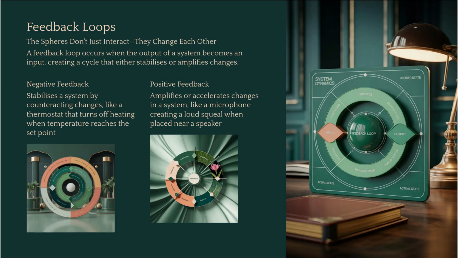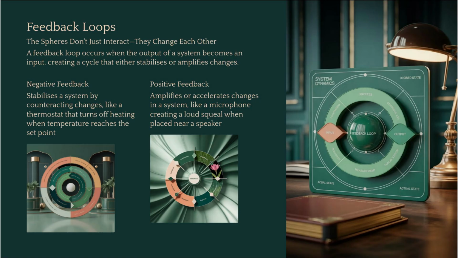These interactions can get complex. Sometimes they create feedback loops. A feedback loop is just what it sounds like, a cycle where the result of an action feeds back and changes the action itself. A negative feedback loop is like a thermostat. When your house gets too hot, the thermostat stops the heat.